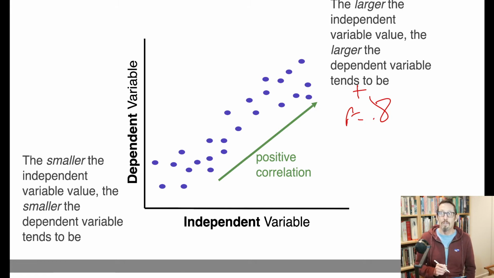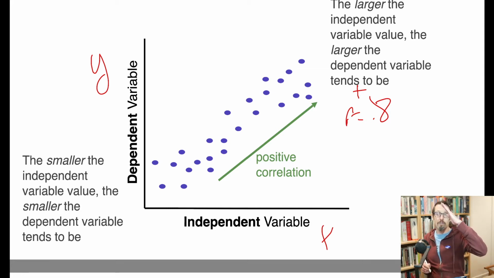The larger the independent variable, the larger this x, then the larger the dependent variable, the one that depends on x, becomes. So anytime the slope of the line is like this, then it is a positive correlation.